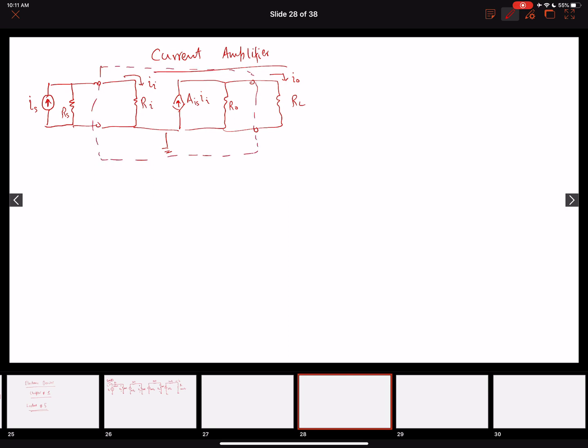All right, so this is the internal schematic of what the current amplifier looks like.